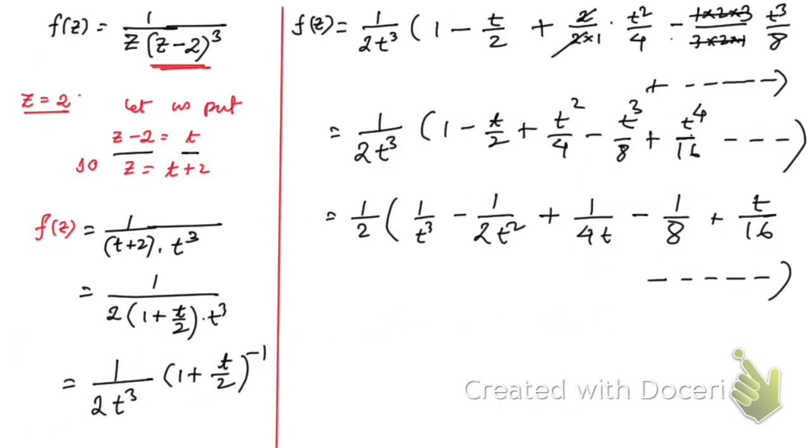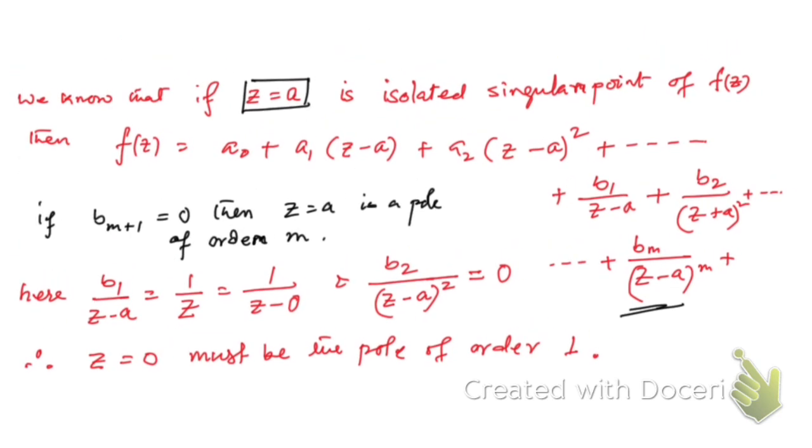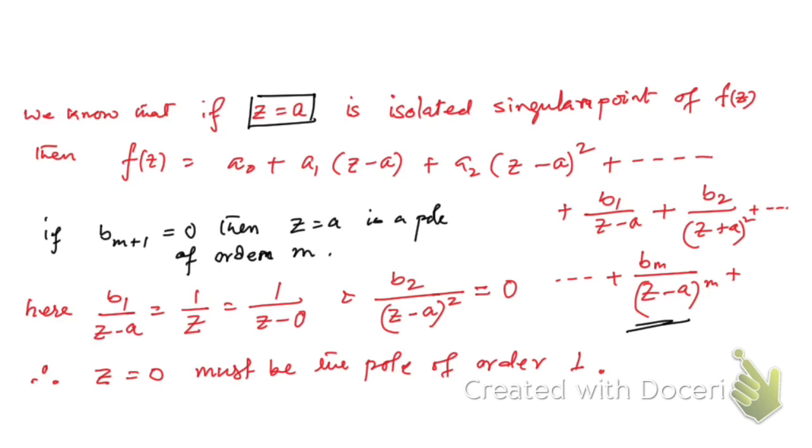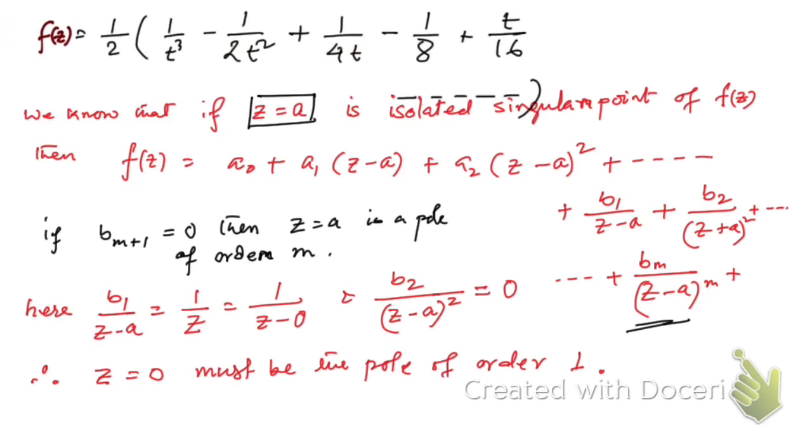Just let me take a new slide, and let me write the expansion of f of z. Let me copy this expansion as well. So here is the expansion. Now here you see, so let me clean these things.